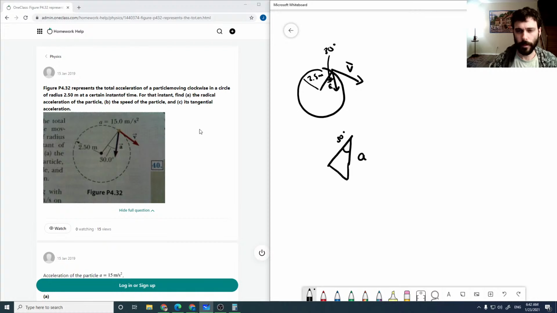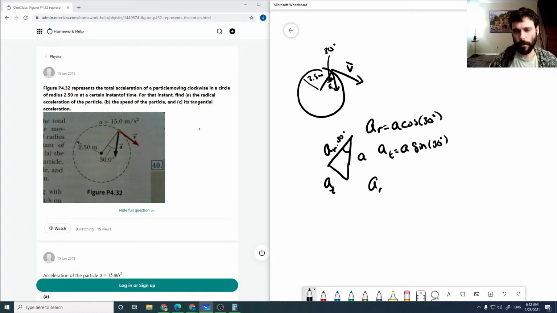So the radial acceleration would be the amount that's along R. So this would be its radial acceleration, and this would be its tangential acceleration. So its radial acceleration is just A cosine of 30 degrees, and its tangential is A sine 30 degrees.